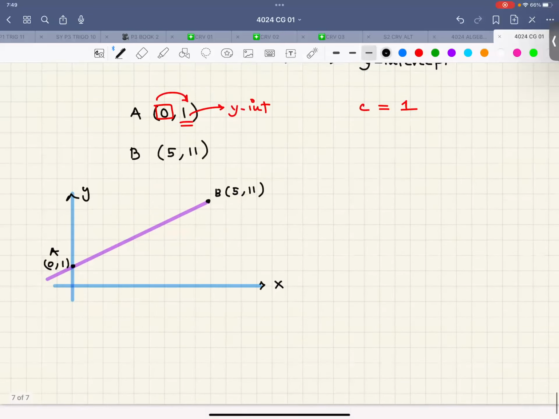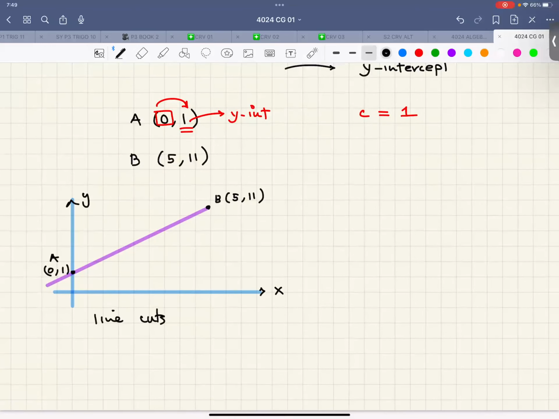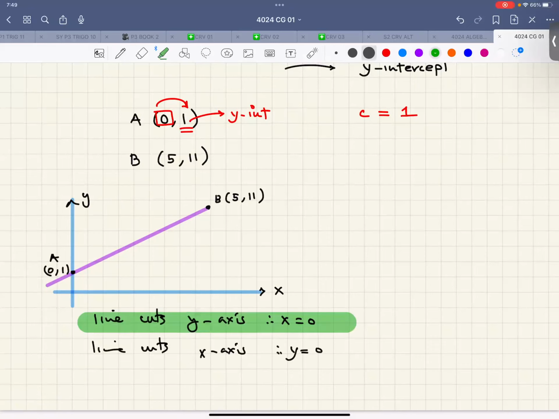Remember the rule: line cuts y-axis, therefore x-coordinate is 0. Line cuts x-axis, therefore y-coordinate is 0. Something very, very important. Let me highlight this.